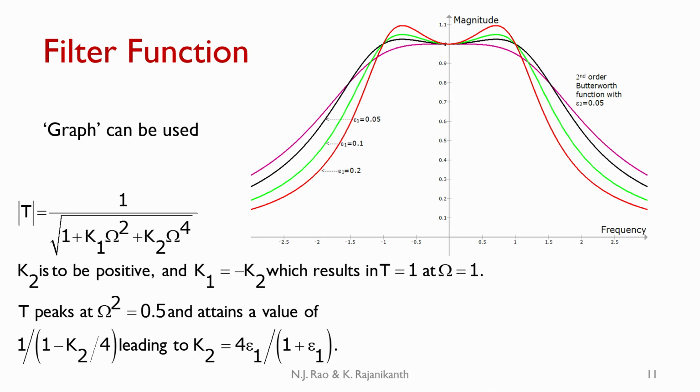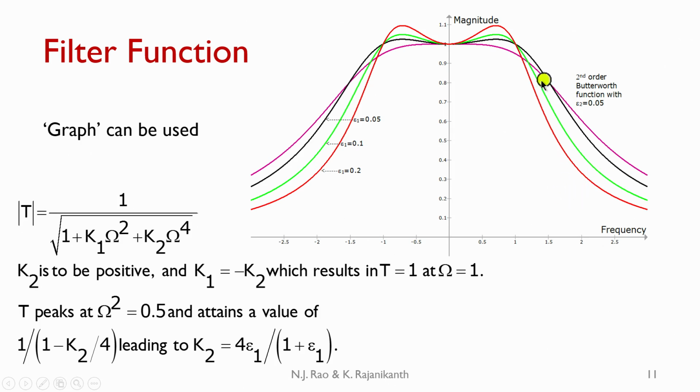A good filter should have a fast rate of attenuation beyond the critical or natural frequency of the filter, which is a desirable characteristic.